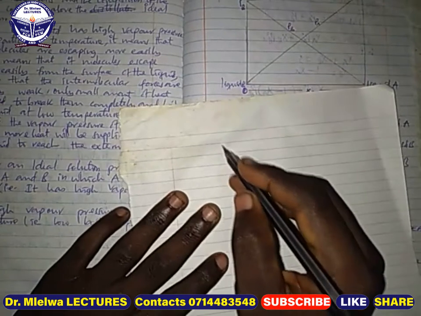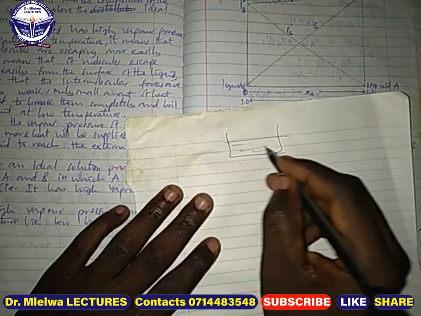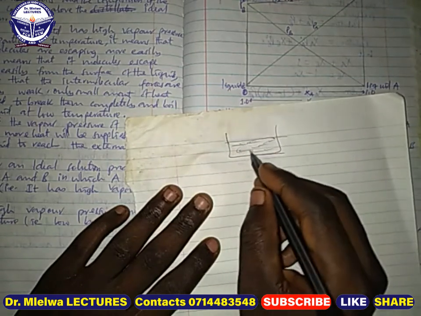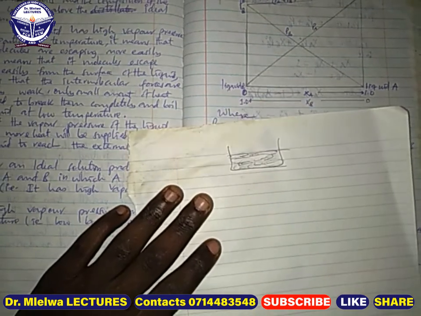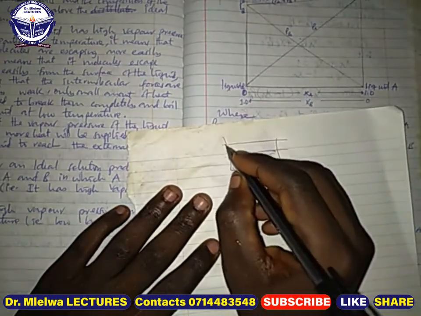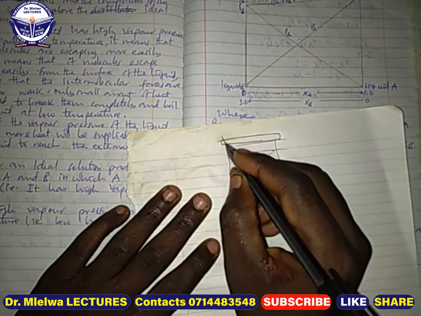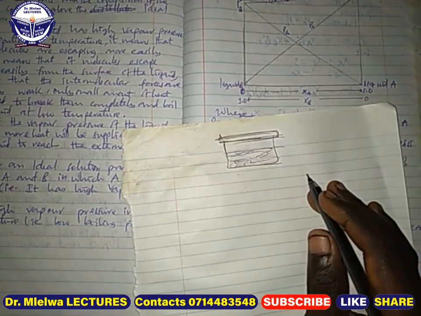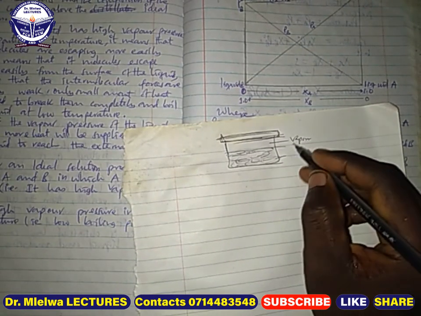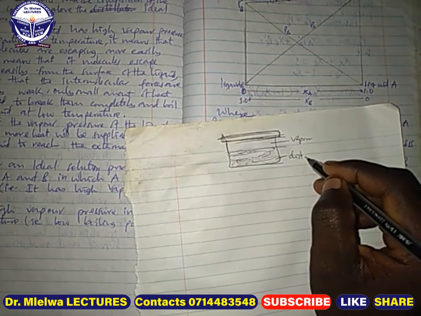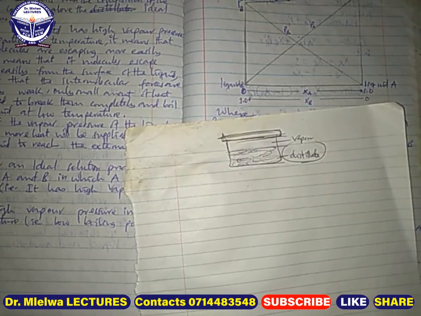Now, if we have our solution in a container like this, a certain amount of solution, and we boil it, we'll have vapor. If this one is enclosed, then you will have vapor in this way. So vapor will be in this part, and this one we call the distillate.